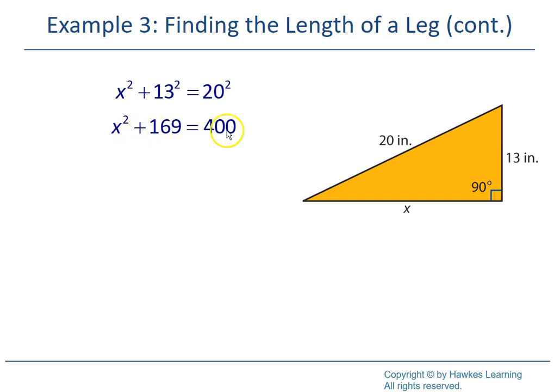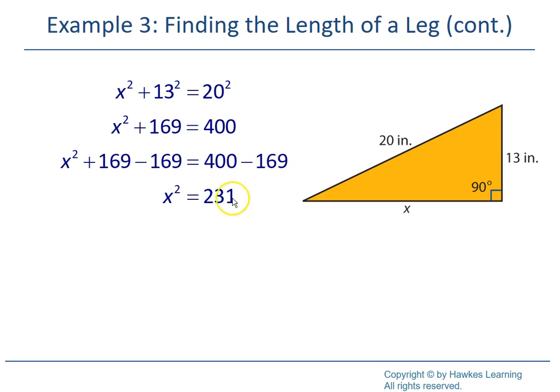Now we still want to find out what x squared is, and eventually the x. So in solving something like this, we subtract the 169 from both sides. They'll show you that here. So on this side, it becomes 0, and when we do this subtraction, it becomes 231. So we still have x squared.